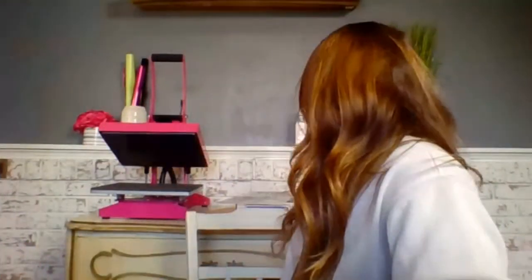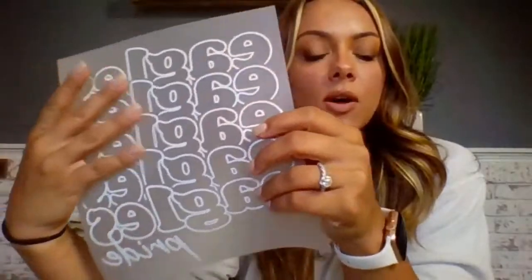But ultimately, let's go ahead and heat apply so that you guys can see the finished application. Now, whenever you do order the transfers, this is how they arrive. You can see that this is my printed image that I uploaded right into EasyView Designer, and then the backing is all white.